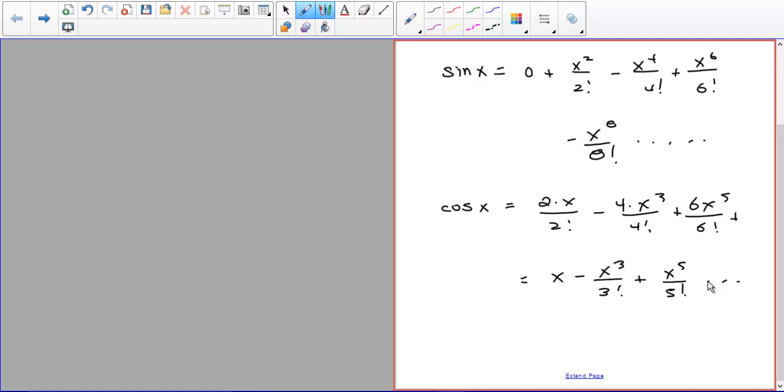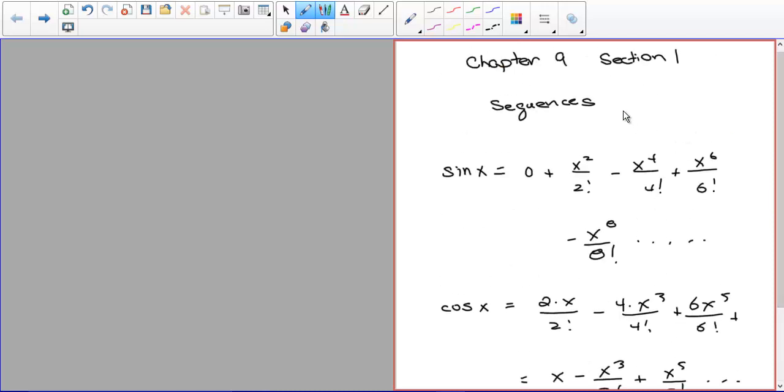So there's a whole slew of new math. If you take differential equations, you'll use infinite series either to explain what you're doing or to solve the differential equations. So that's where we're going, but it takes a little while to get there.